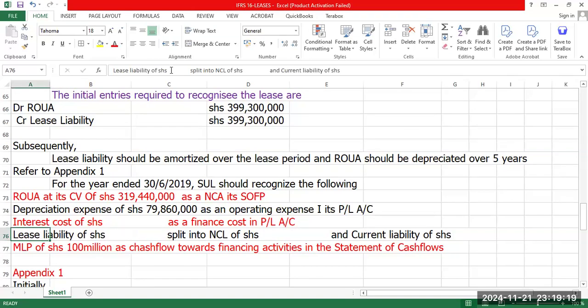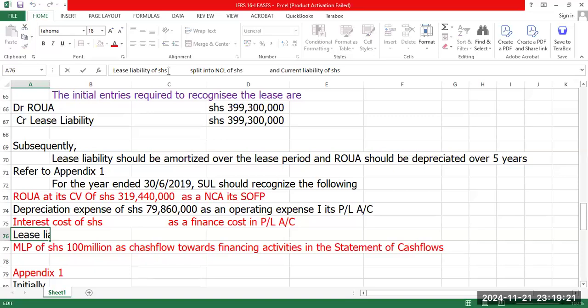So I come back here where we have the lease liability. I record that figure, which is 331,244 thousand. And this lease liability should be split into two.